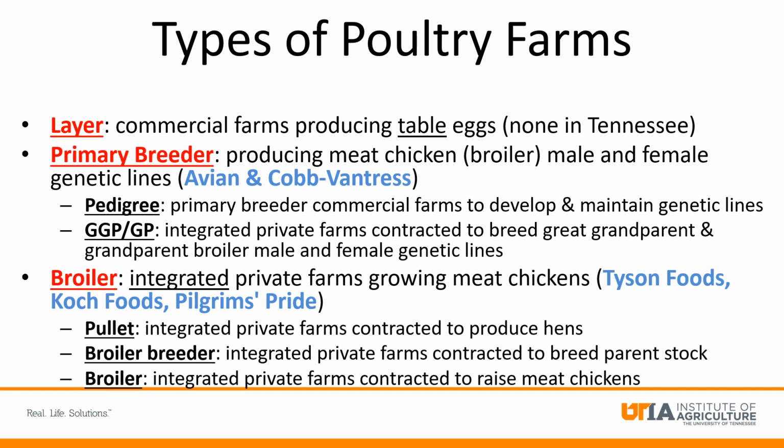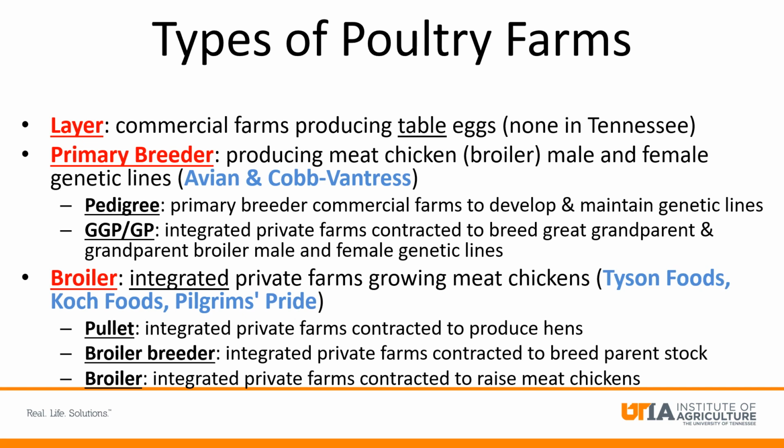And if you can get litter from these farms, you won't be able to go to the farm and pick up the litter because these are biosecure farms. So the vast majority of the litter is going to be associated with the broiler industry and not the primary breeder industry, although we do have both of the primary breeders responsible for 90% of the world's genetics here in Tennessee.